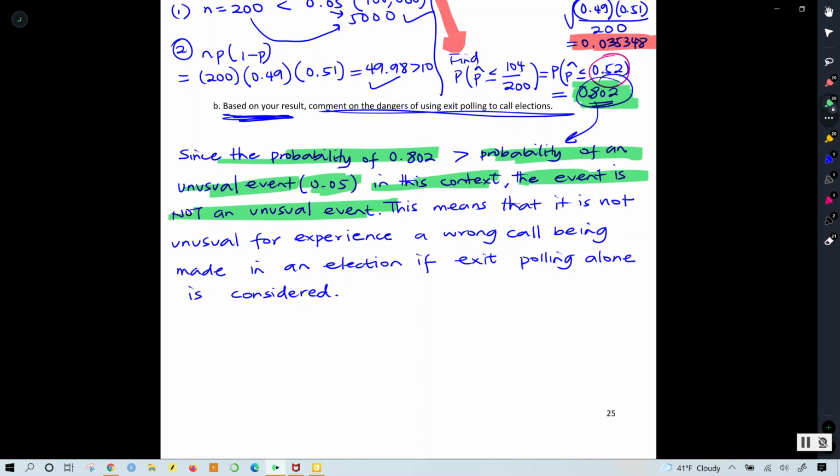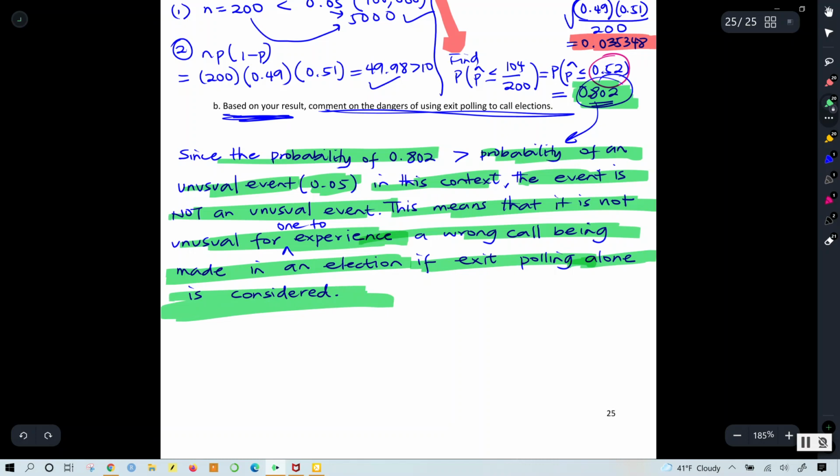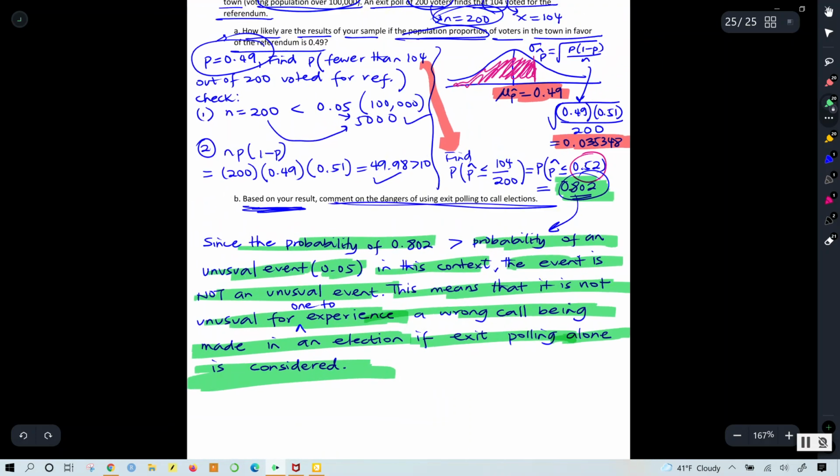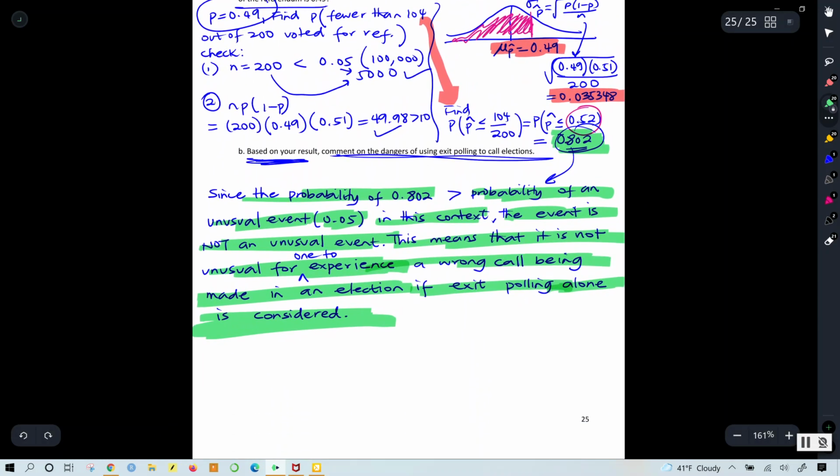What that translates to is that it is not unusual for one to experience a wrong call being made in an election if exit polling results alone are all that is being considered. This is very important to note when we're considering election results. With that, we come to the end of this topic.